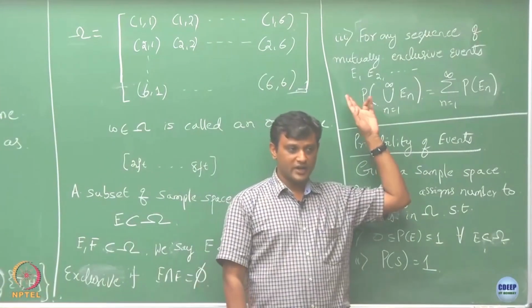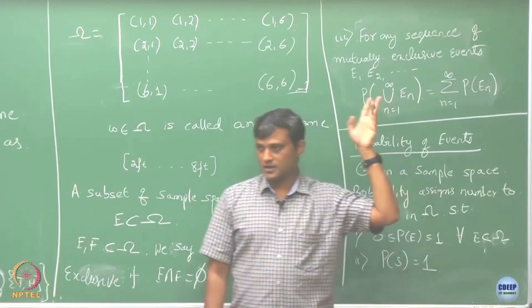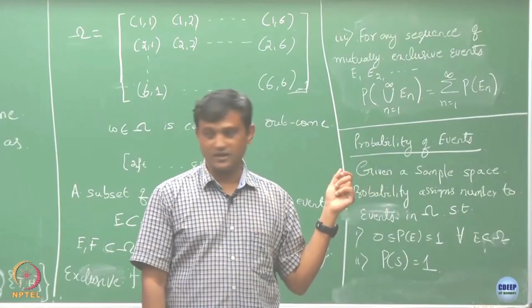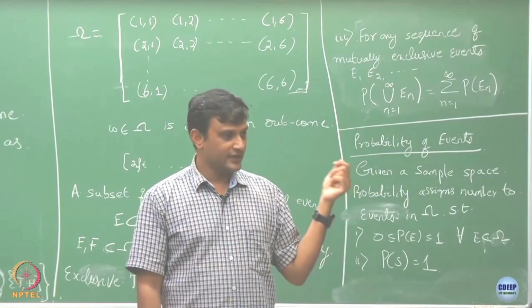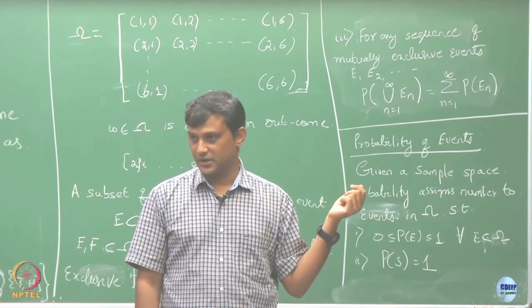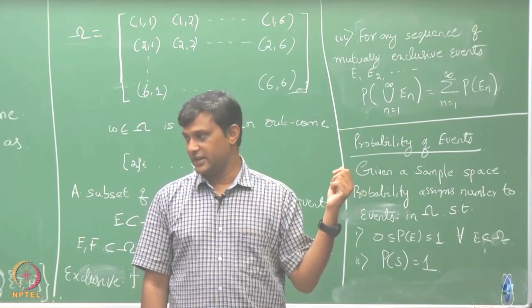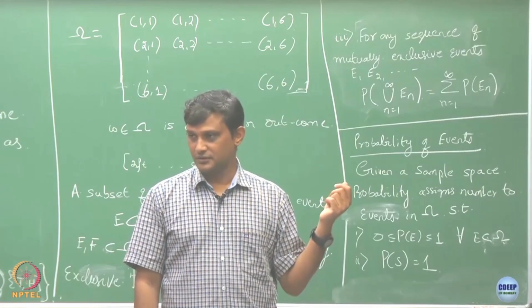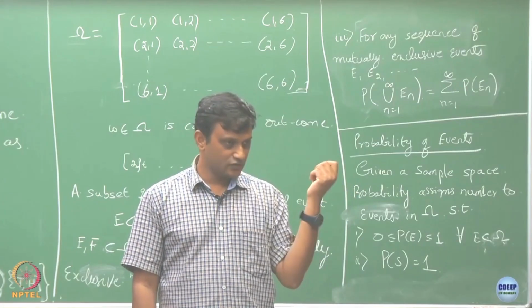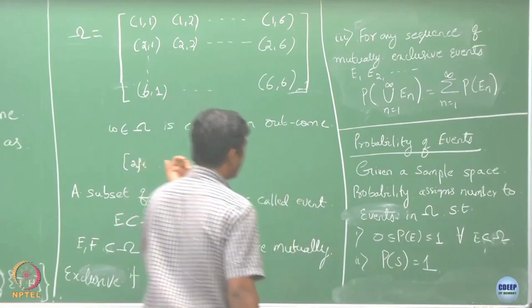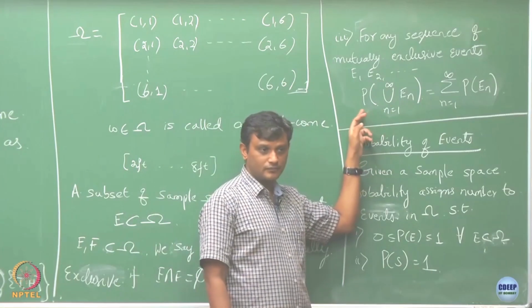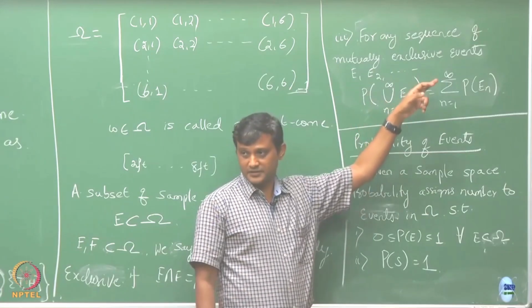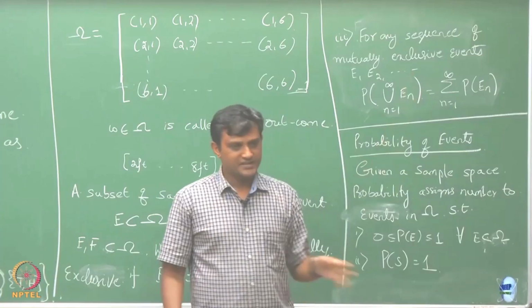Do all of you understand what I mean by a sequence? You might have heard about a sequence of real numbers like x1, x2, where x1 is a real number. For example, xn can be 1 by n. What does xn converge to if I set xn equals 1 by n? But now I am talking about a sequence of events. What do I mean by that? It is just like indexing.